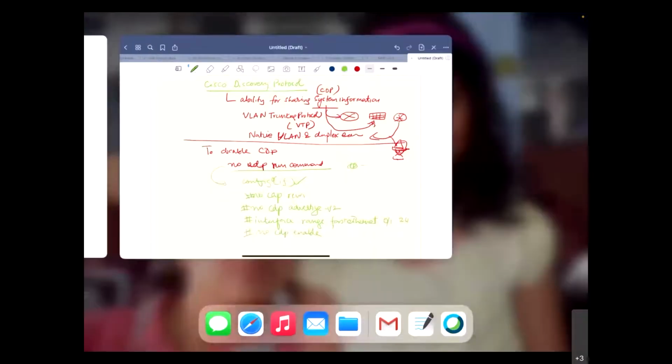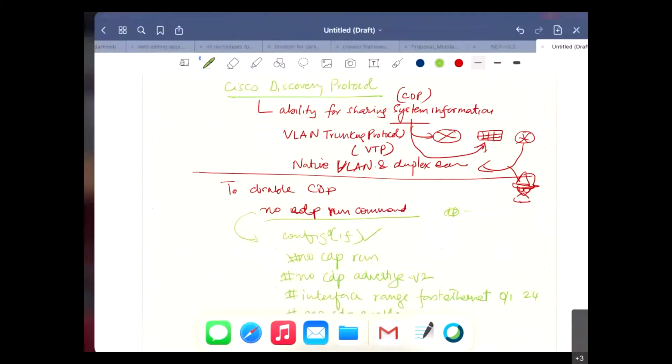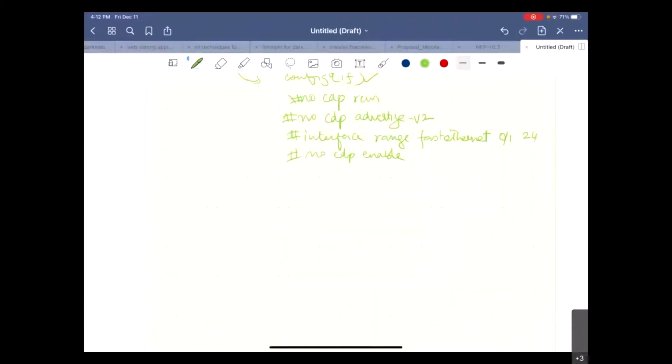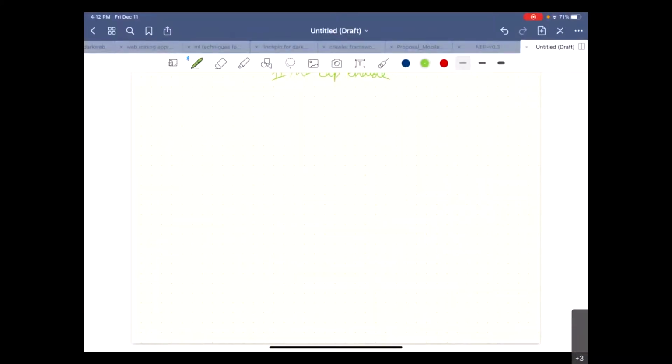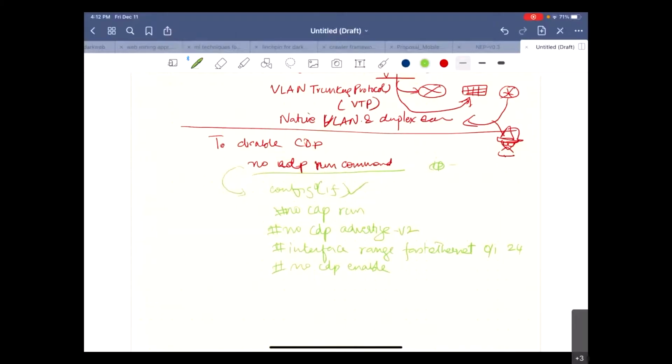Suppose we want VLAN 10, then config-if, no cdp enable, and again interface VLAN 101, again no cdp enable. So this is how you can disable the CDP services.